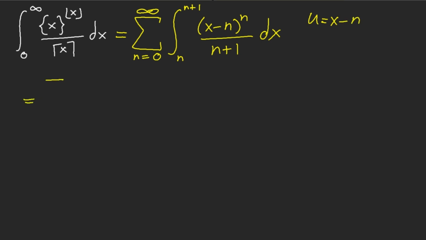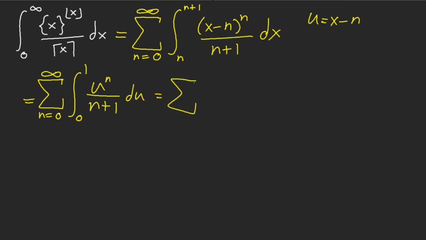This is very nice because your bounds are now from 0 to 1. Plug in n plus 1, you get 0 to 1. So now it's just u to the power of n plus 1 du. This is simple. When you integrate it, you're left with the sum of 1 over n plus 1.